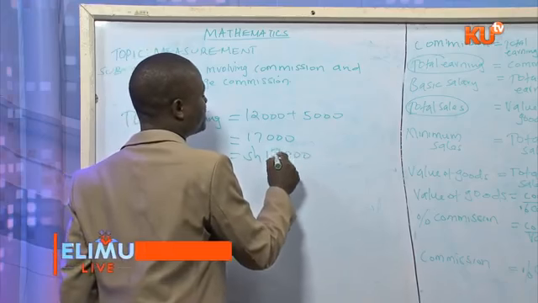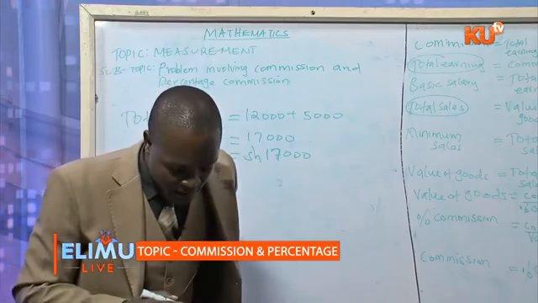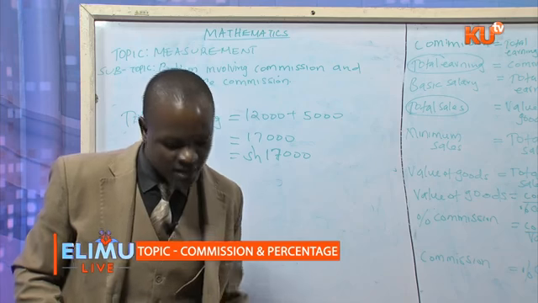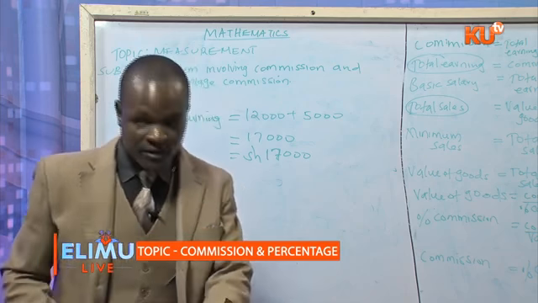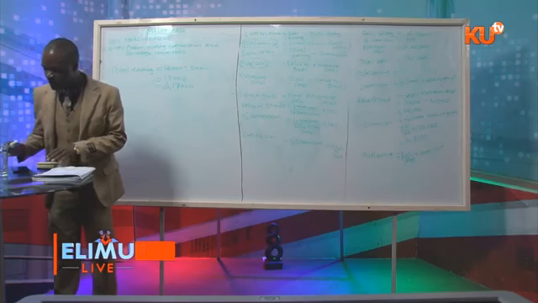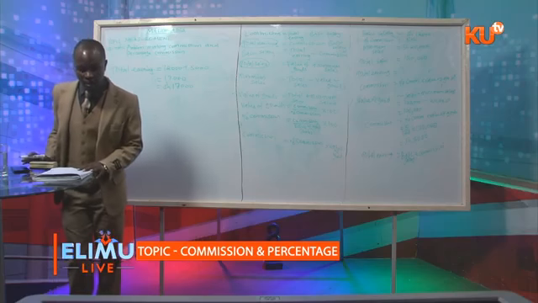So 17,000 shillings is the total amount of money that this person got in that given month. I think now I have been able to handle various areas as far as commission is concerned.